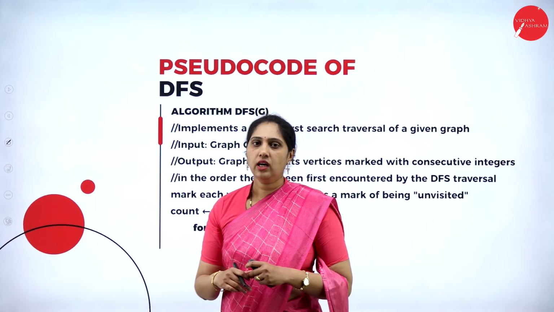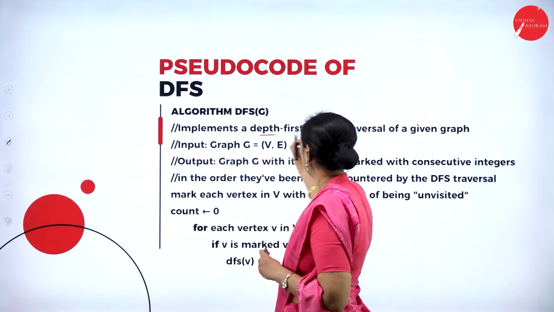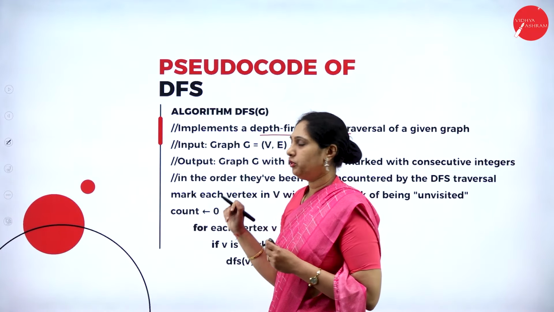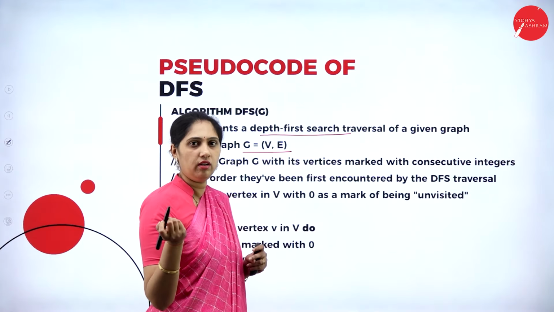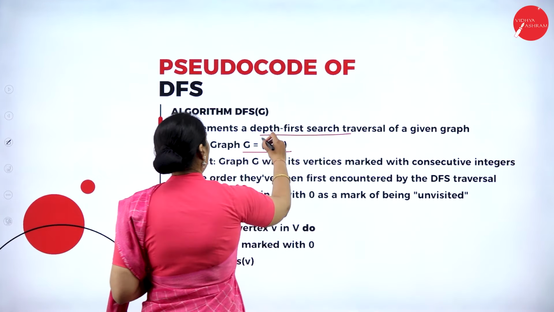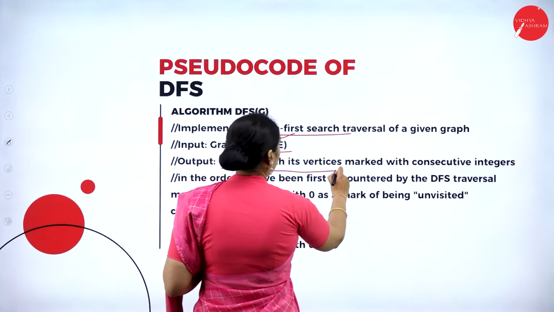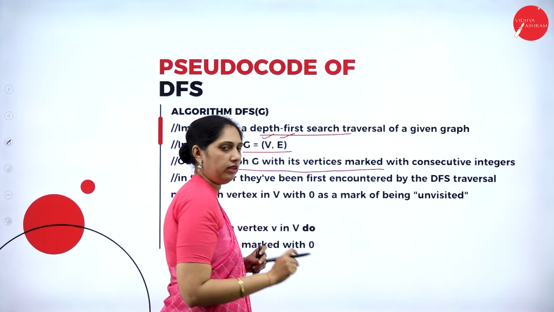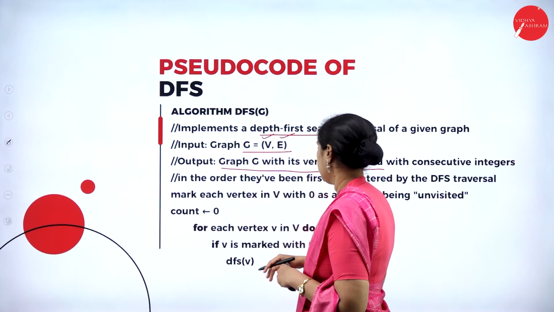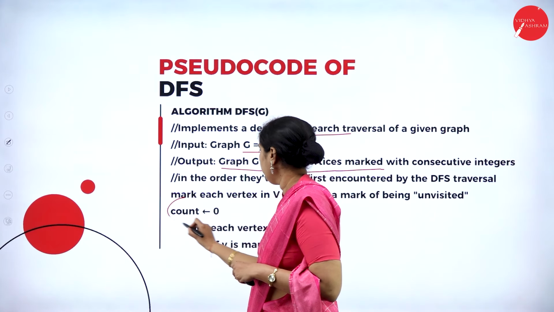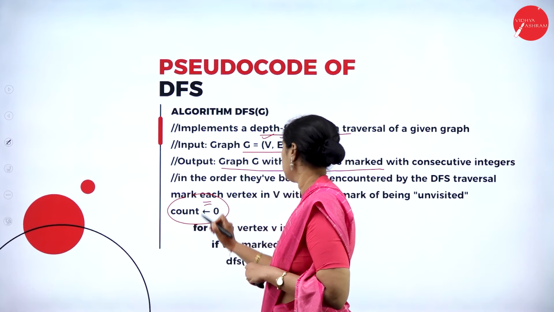Now we'll start with the algorithm. How to write an algorithm? When we want to implement DFS, we start with the input. What input will we give? It's obviously a graph. A graph contains vertices and edges, V for vertices, E for edges. So graph G with its vertices marked with consecutive integers. First we check how they are marked. Next, we keep a counter assigned to 0.